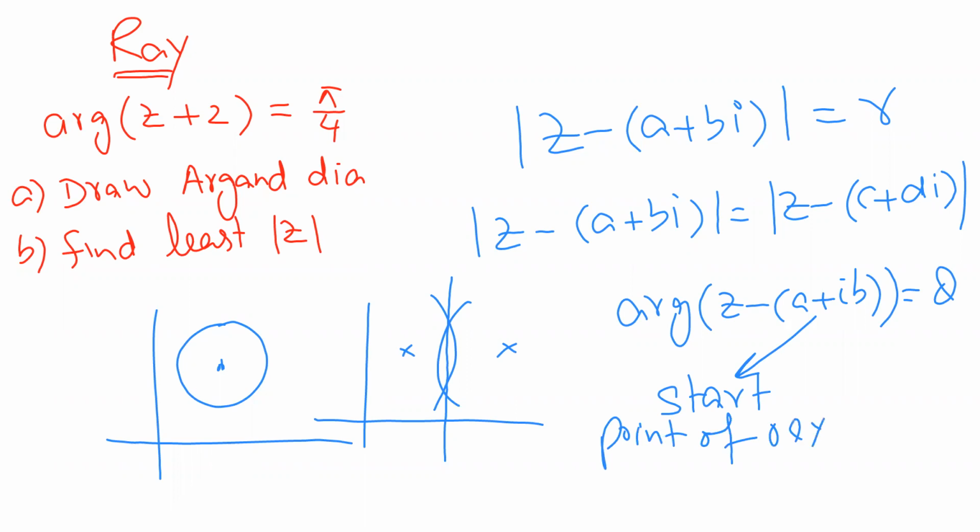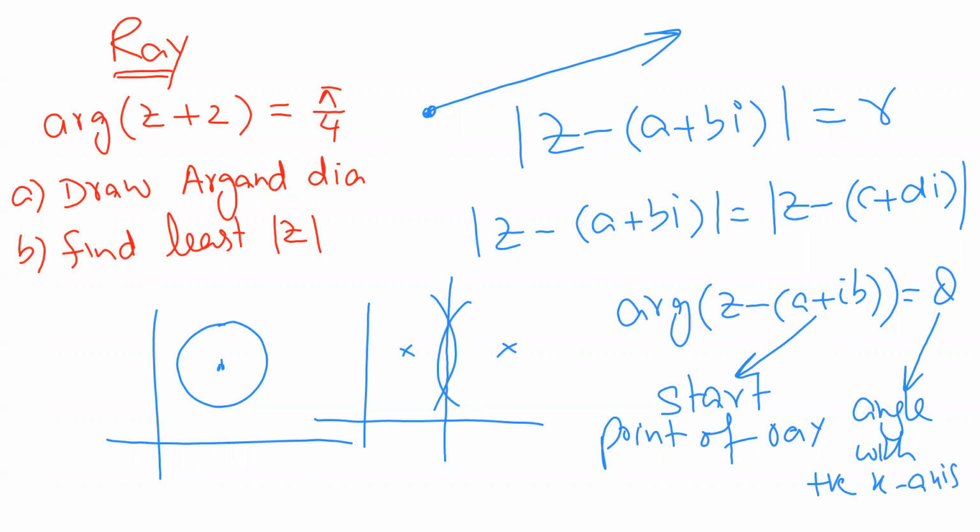What is the difference between a line and a ray? A line goes in both directions and is unstoppable. But a ray ends at one point and never goes to the left side. It starts from here, so you can say the starting point of the ray, and the other end is endless. This is the angle with the positive x-axis.